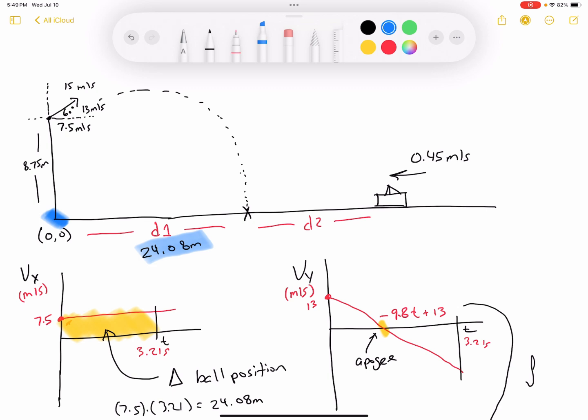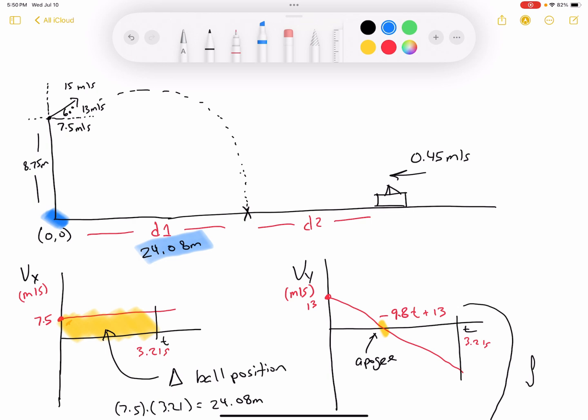Now, it still doesn't tell us about this boat over here. Like, how far away should it be? So we know a couple things. We know that the boat has to travel 3.21 seconds because, remember, as soon as the ball is thrown, the boat's going to start moving.